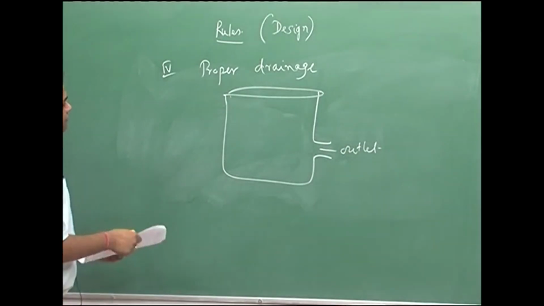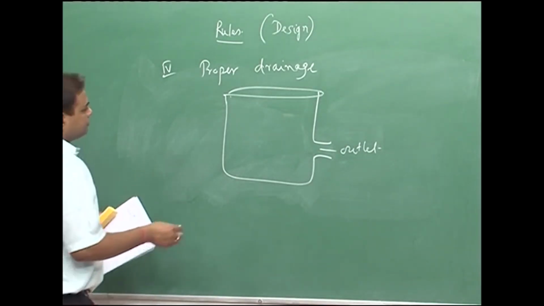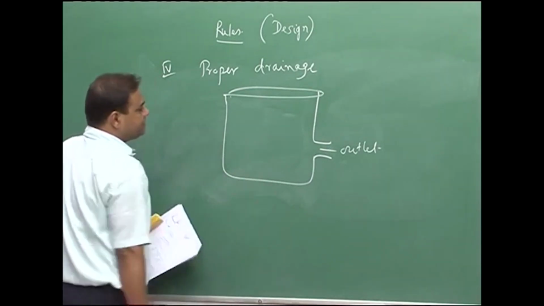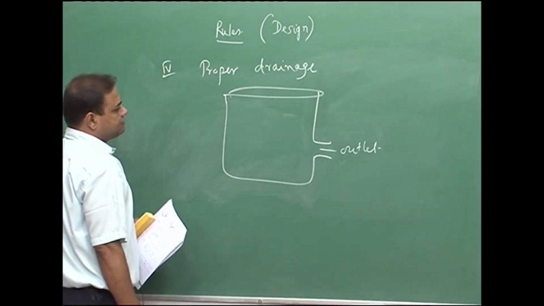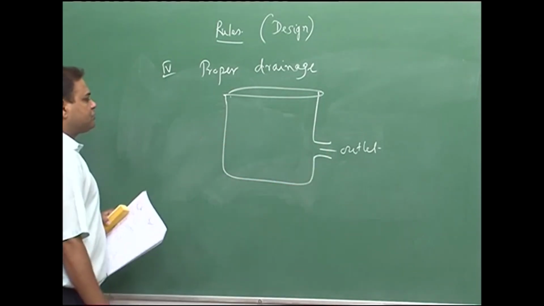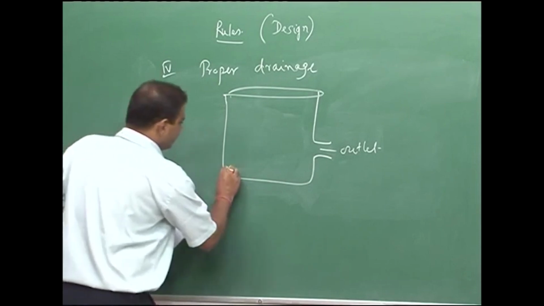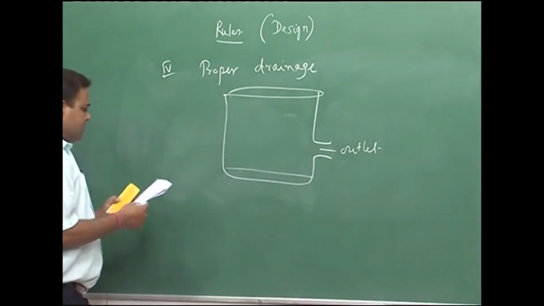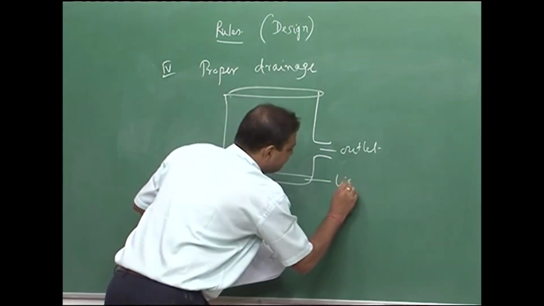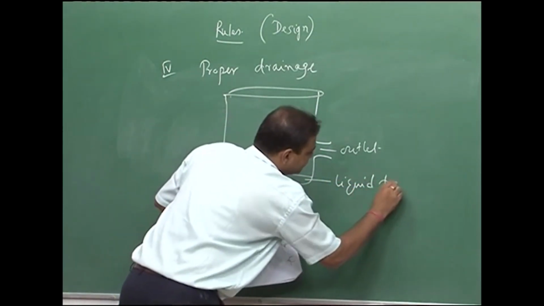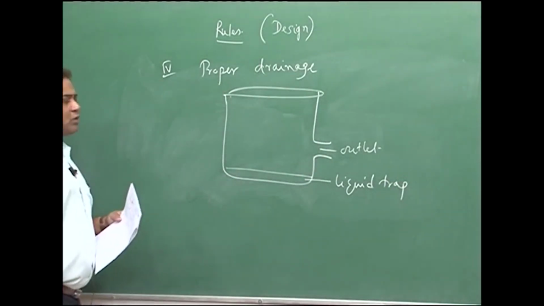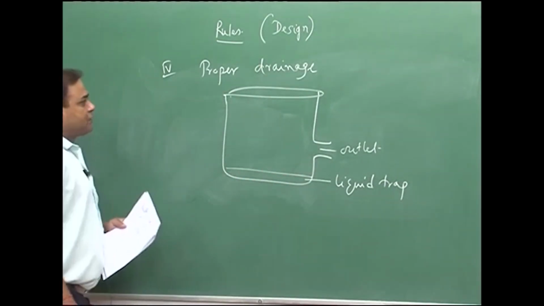Now, let us say we would like to empty out this tank for maintenance. We just tilt it like this and take out the water as far as possible, but there could still be a little more water left out, and it is basically a liquid trap, where liquid can stay and corrosion can happen in this zone.